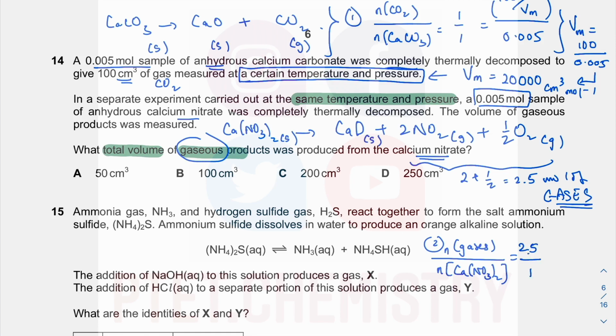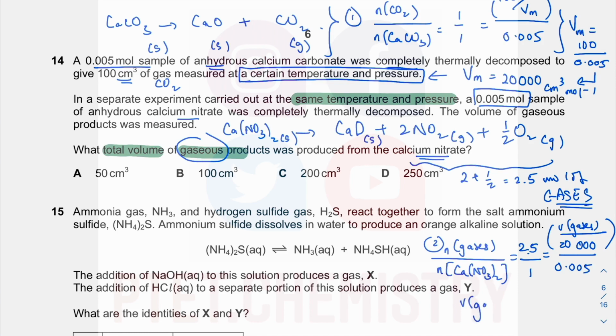I want the volume, so on the top will be the volume of the gases divided by the molar volume at that same temperature and pressure. Oops, it's not 24,000, it's 20,000 cm³ per mole. So that is the volume of gas in cm³ divided by the molar volume at this same temperature and pressure. At the bottom will be the mole of the anhydrous calcium nitrate, so that's 0.005.